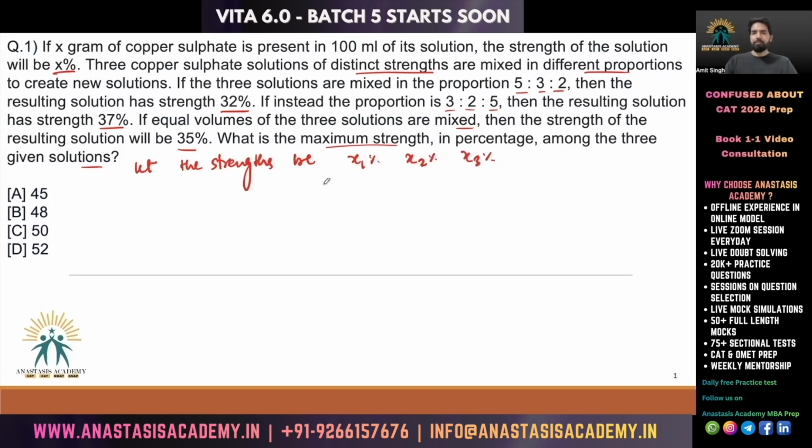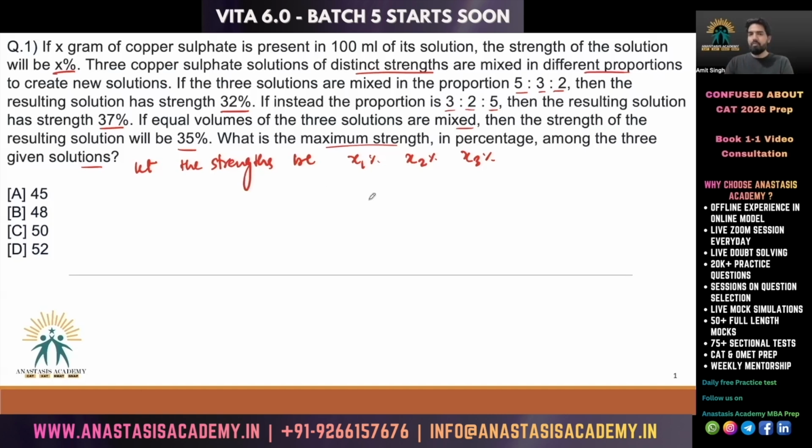Now, you can use your smartness in doing your calculations. There is no other way to solve this question apart from making three equations and then solving those equations. But you can use your brains to solve those equations smartly. So let me first make this equation when they are mixed in this proportion.